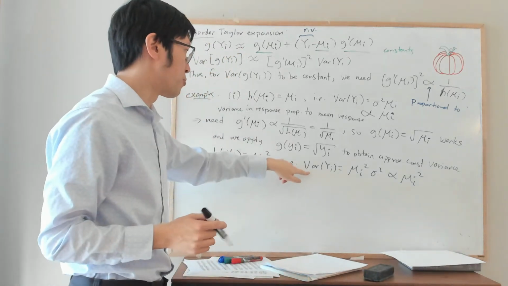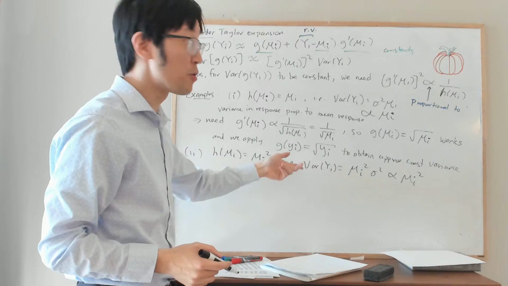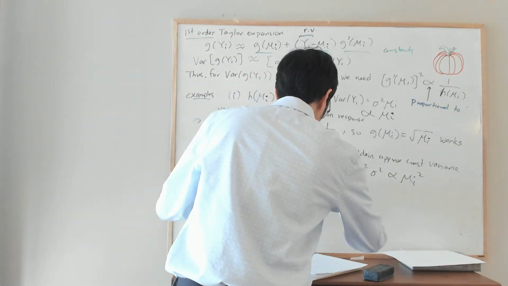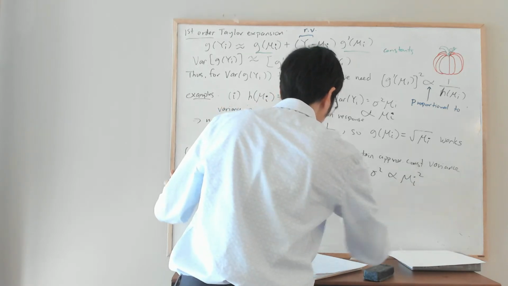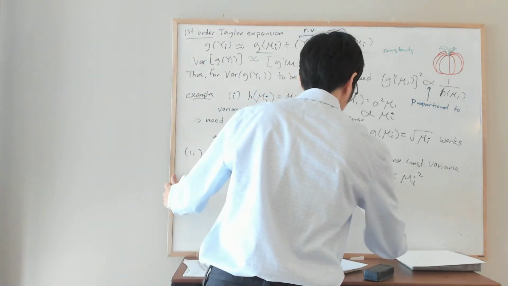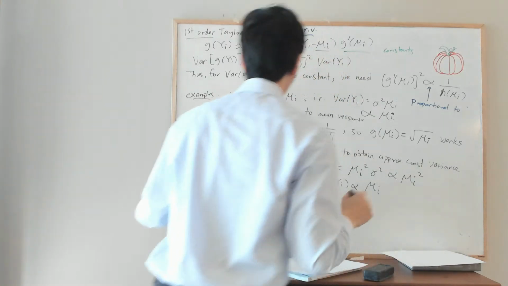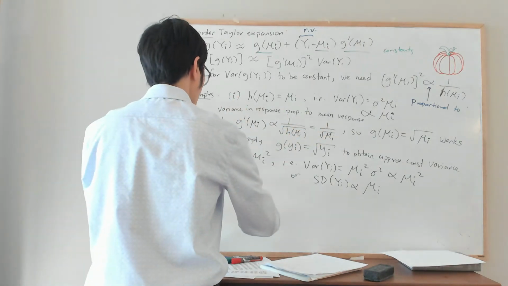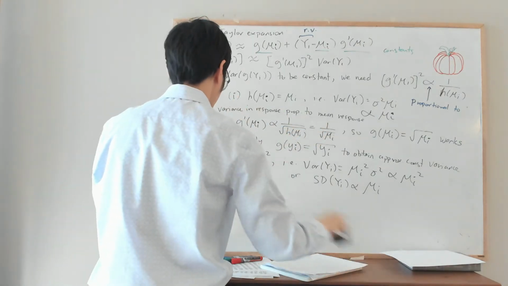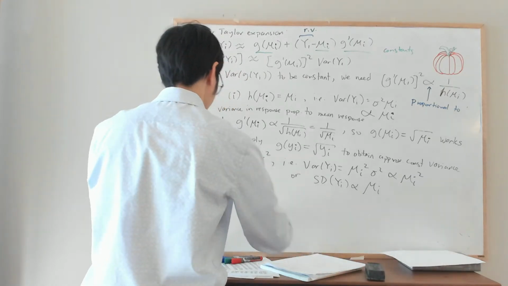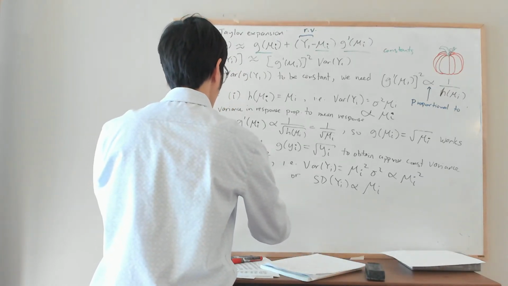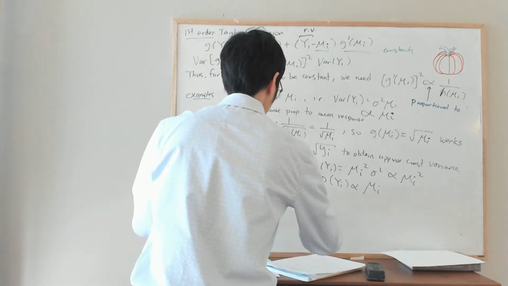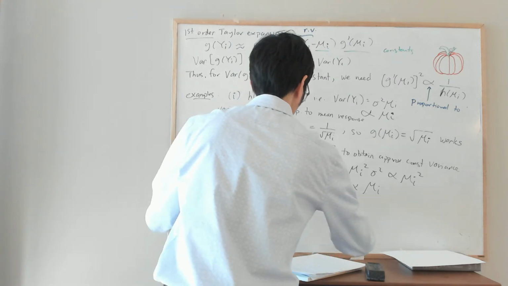Remember that the square root of the variance is the standard deviation. So this one is also intuitive, because it means the standard deviation of y i is proportional to mu i. In words, the standard deviation of the response is now proportional to the mean response.